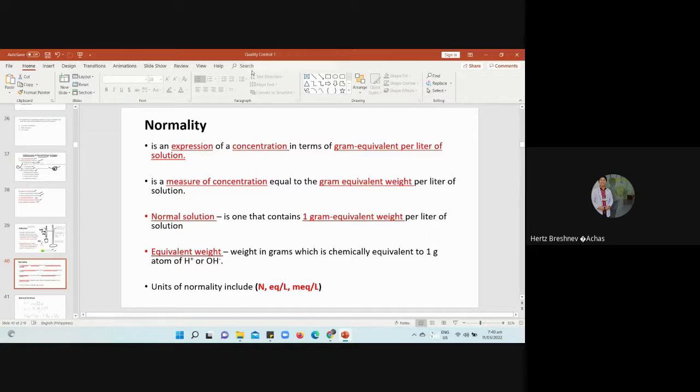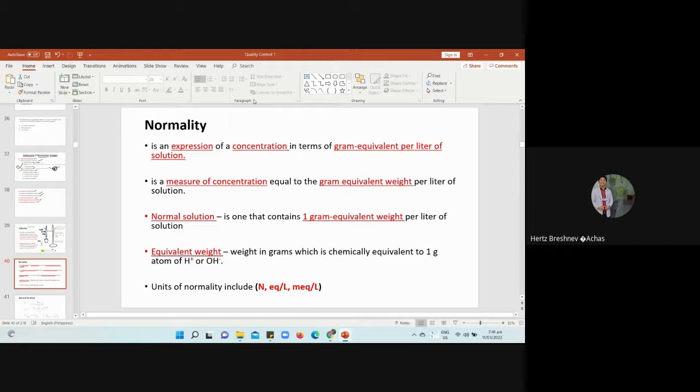Okay? So when we say normality, it is an expression of concentration. Now, I mentioned earlier, what is the definition of concentration? It is the amount of your solute mixed together in your solvent to give a specific quantity.